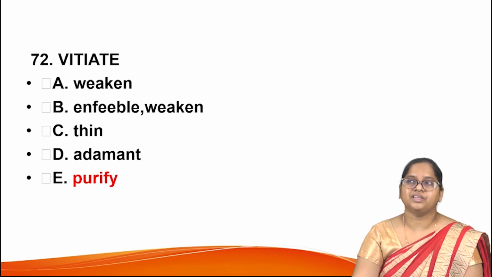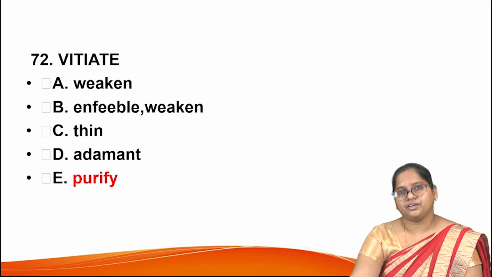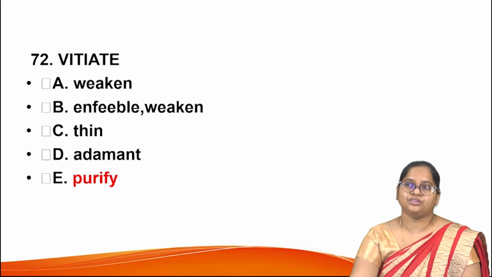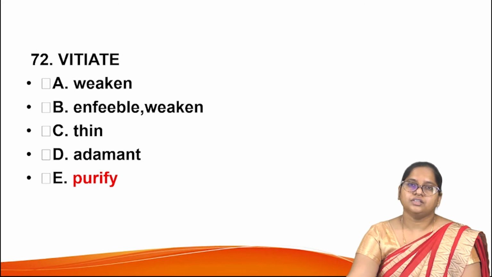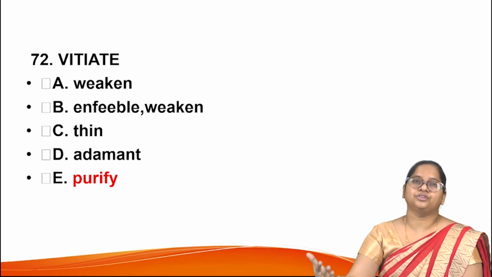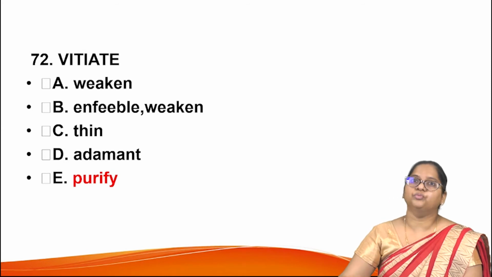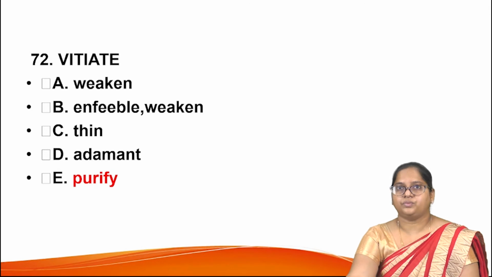Vitiate means you make someone weak, you spoil that person, you distort something, you cause someone to lose their purity. Whereas the antonym is to purify something, so that is the antonym of the question word vitiate.